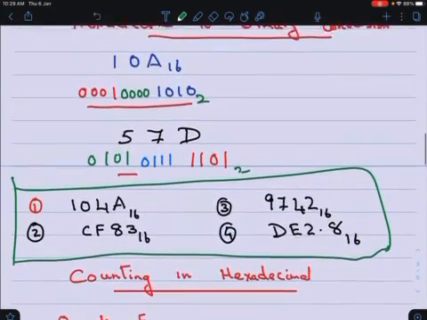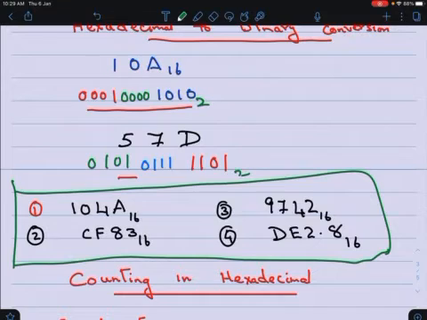Next, how do you count in hexadecimal? You know how you count in the decimal number system, because you were taught this in your KG classes, or at least in your first or second standard. You start with 0, 1, 2, 3, 4, 5, 6, 7, 8, 9.